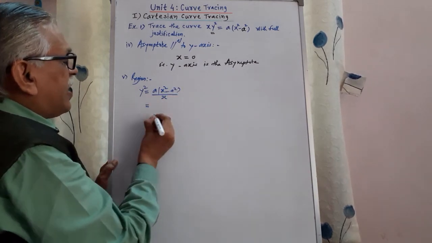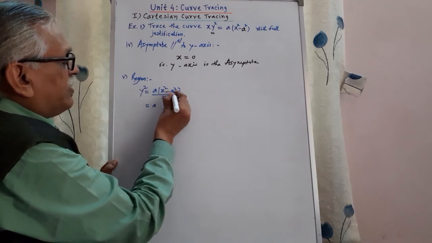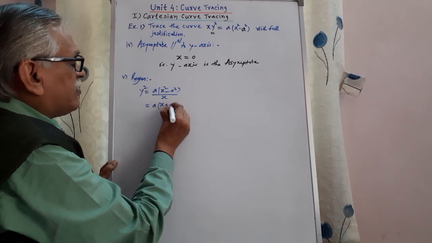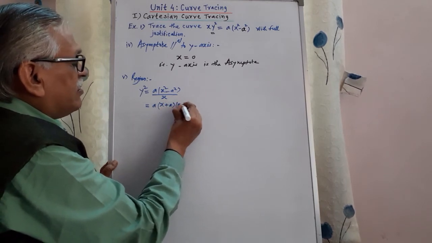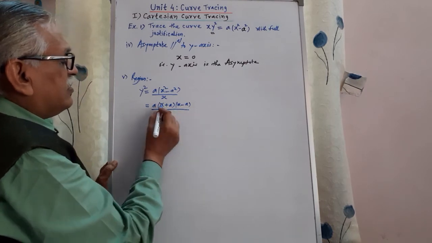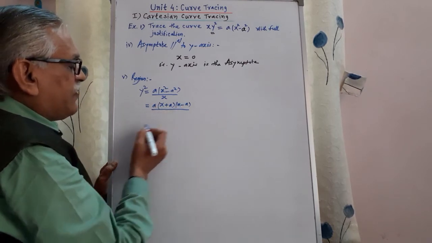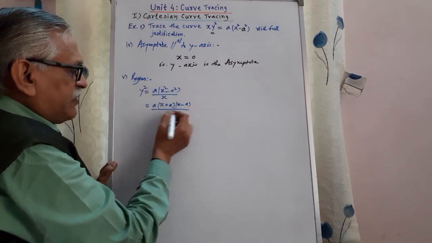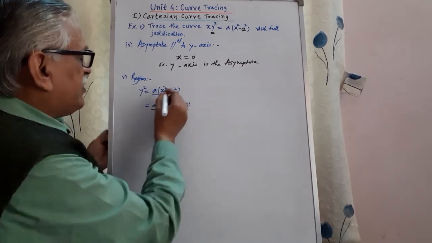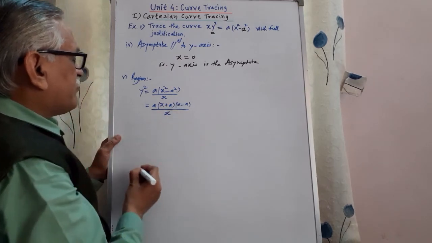This I can rewrite as a square minus b square. Factors are a plus b, a minus b. Therefore x plus a and x minus a. This product is nothing but x square minus a square, divided by x.